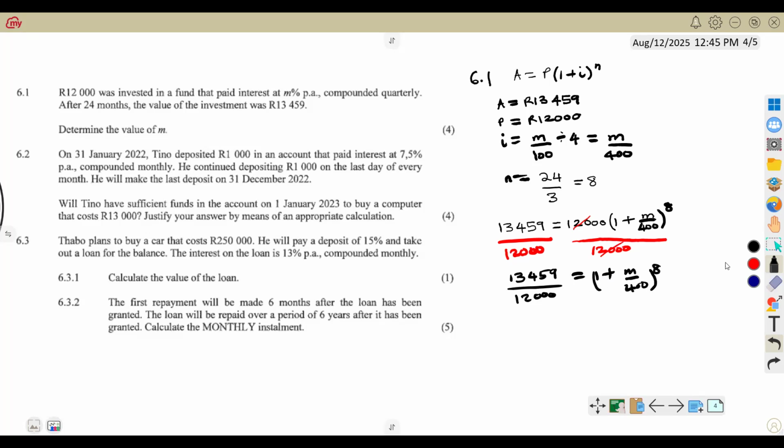We now want to solve this, so we have to get the 8th root of both sides.